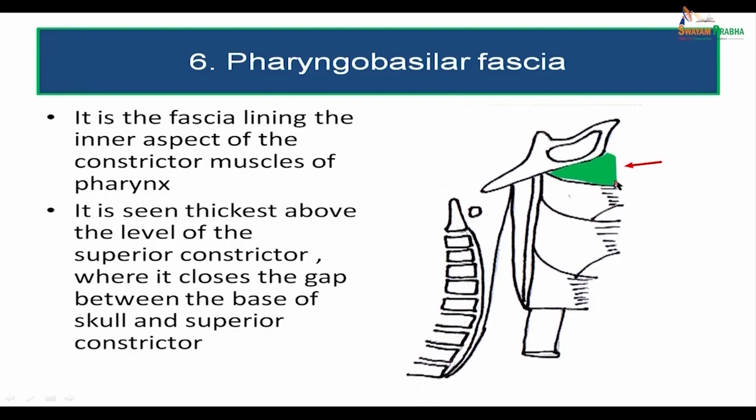It is seen thickest above the level of the superior constrictor, where it is closing the gap between the base of skull and the upper border of the superior constrictor.